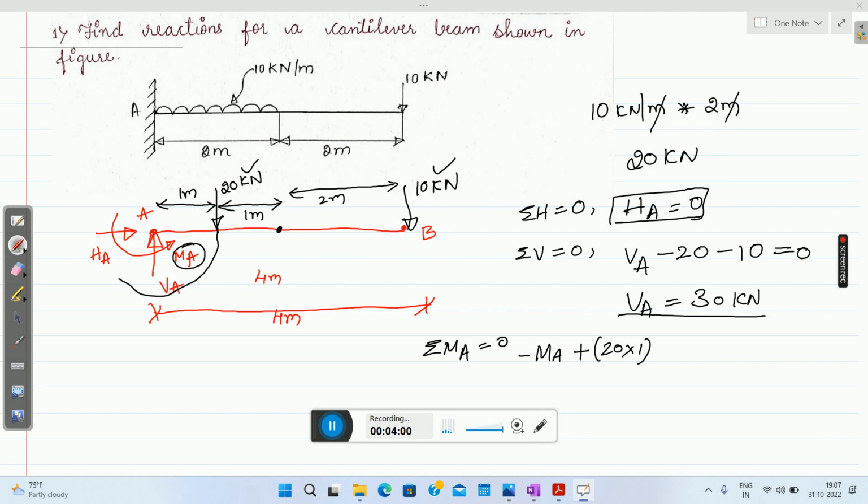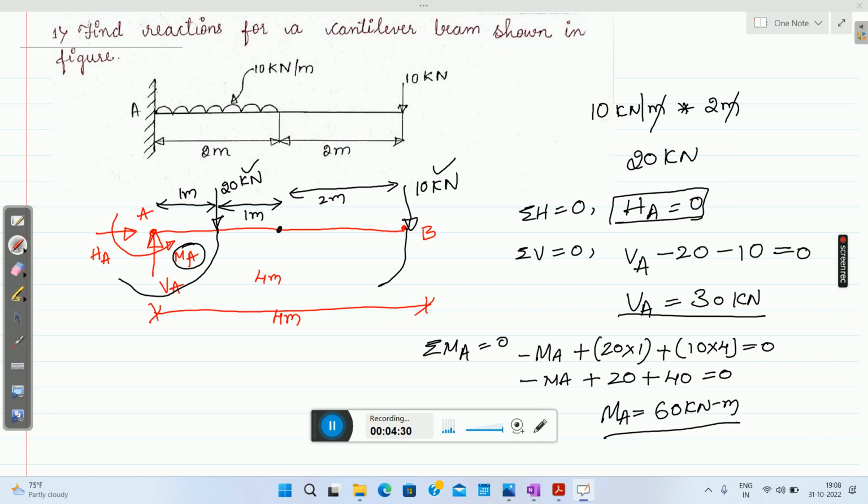Next this 10 kilonewton will also rotate in clockwise direction, so it will be 10 into 4, equals 0. So minus MA plus 20 plus 40 equals 0. So your final answer will be MA equals 60 kilonewton meters. So this is a moment.